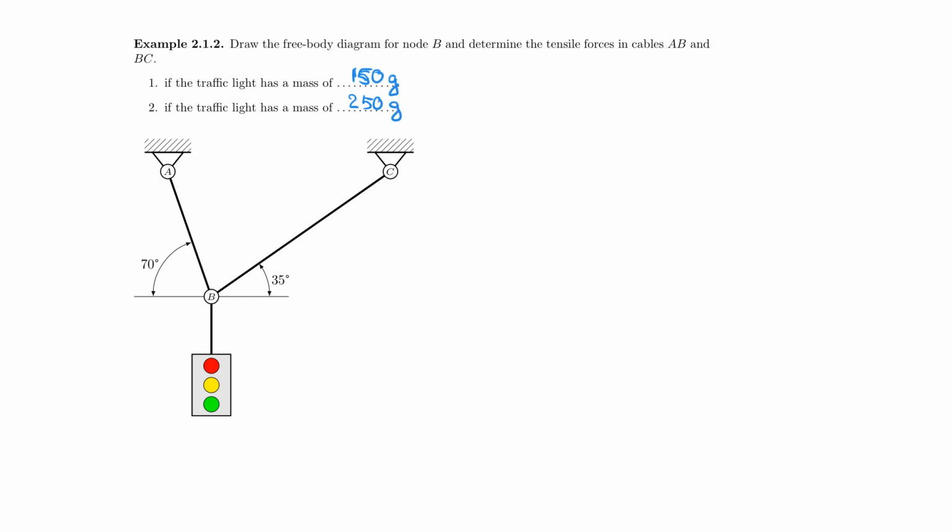And I don't have to solve this problem for you because it's very similar to what you've seen before, just that here now you're dealing with two angles. I will, however, give you the answer, and the answer for at least the first problem would be that the force in AB, so let's call that FAB for 150 grams, would be equal to 1.272 Newton.